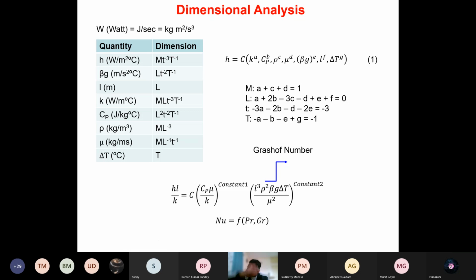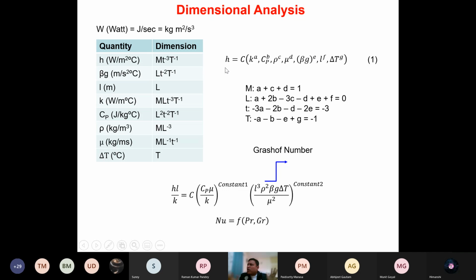So the distance from the leading edge is what we are taking as L, and delta T, the temperature difference between free stream and the wall, the hot or a cold wall. These are the different variables which are going to have an effect on the heat transfer coefficient.